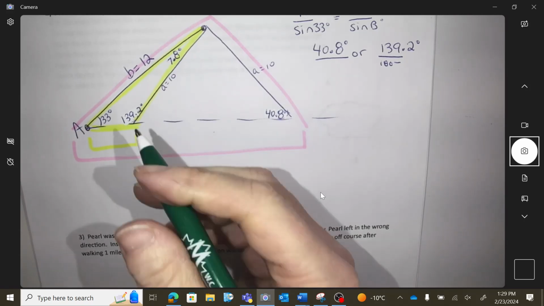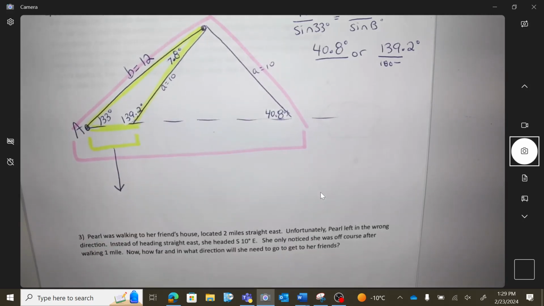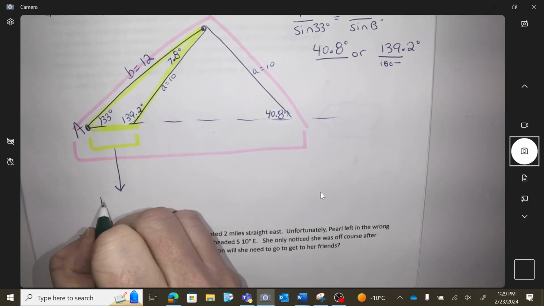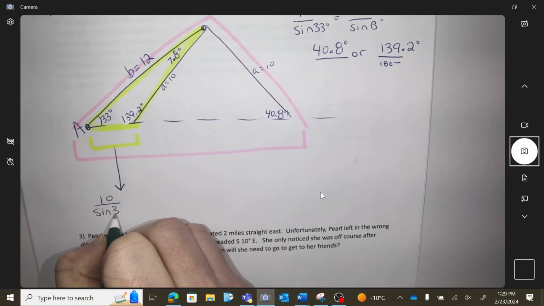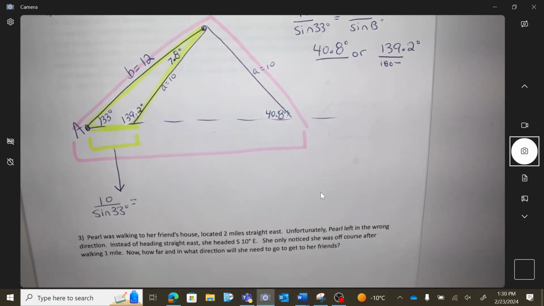That was good. Okay, I'm going to figure out the yellow side at the bottom then. So I'm going to go 10 and 33 degrees are partnered.